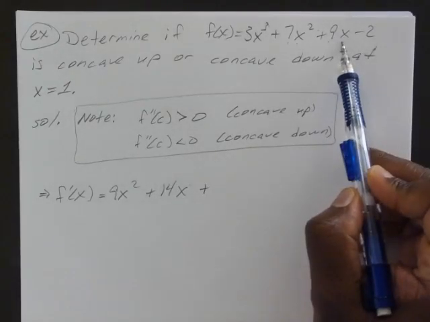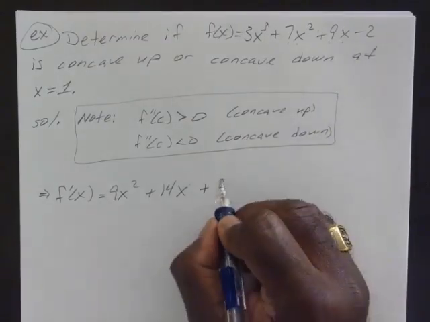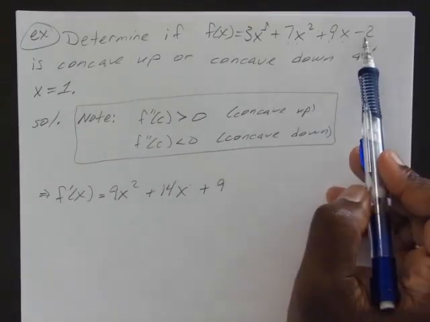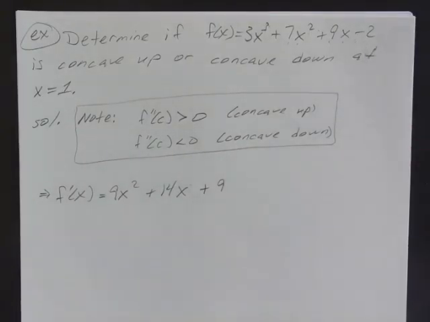The derivative of x is just 1, so 9 times 1 gives us 9, minus the derivative of a constant, which is 0, so that just disappears.